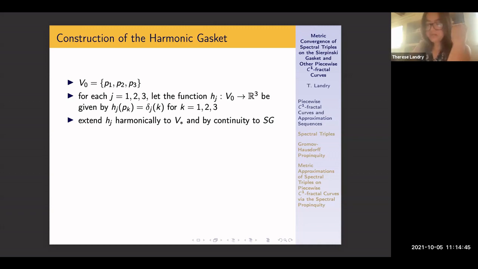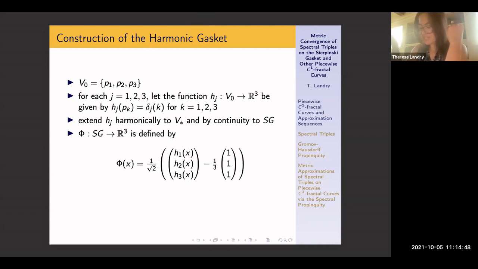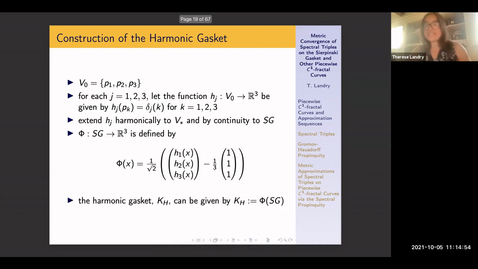And using those 3 harmonic functions, you define this following homeomorphism on the Sierpinski gasket. And so one way to get the harmonic gasket is as the image of the Sierpinski gasket under this homeomorphism. You could also, via this, construct some contractive affine maps and then take it as the unique fixed point of that iterated function system.